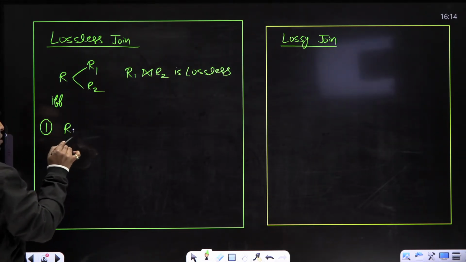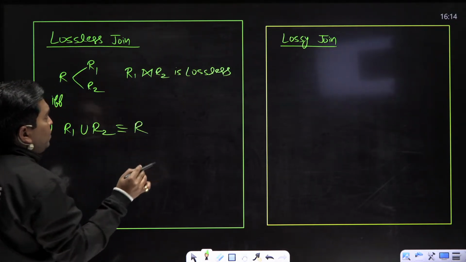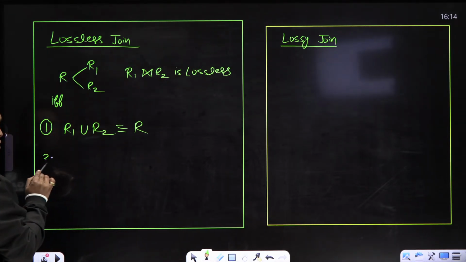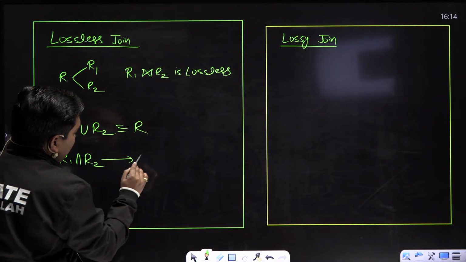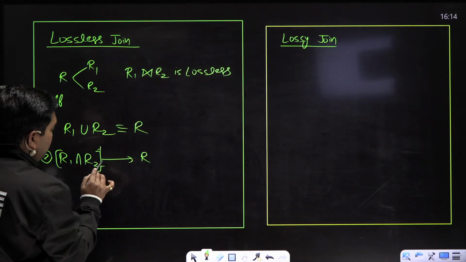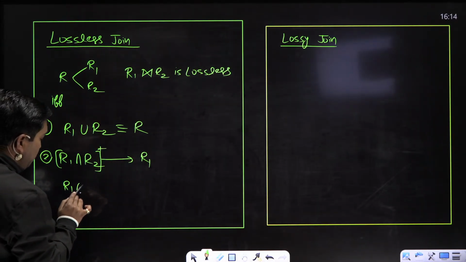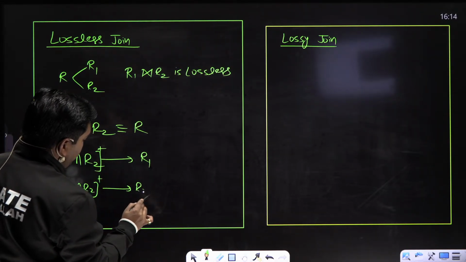Point number 1: whenever you take the union, you get all attributes of relational schema R. Second point: whenever you take the intersection, the closure of the common attribute gives either R1 or R2.